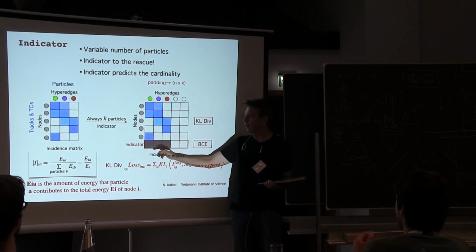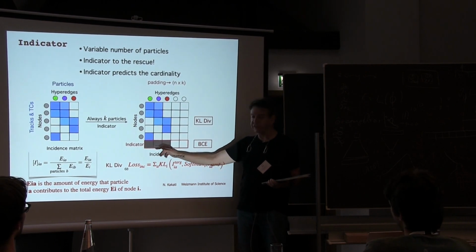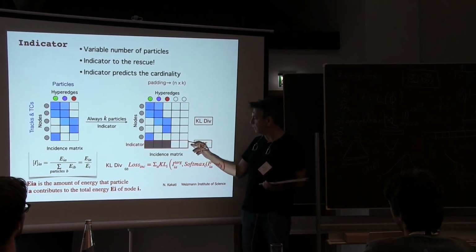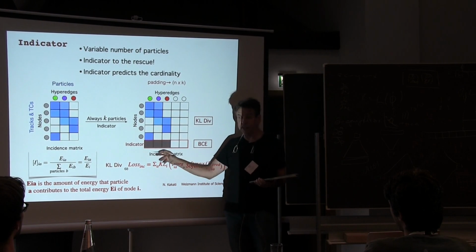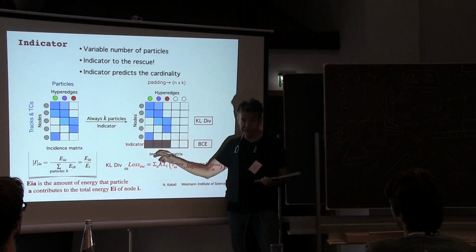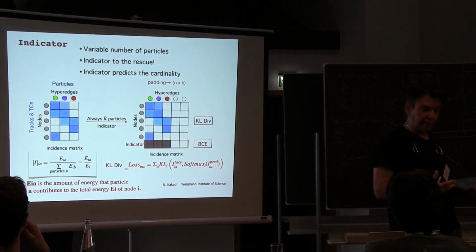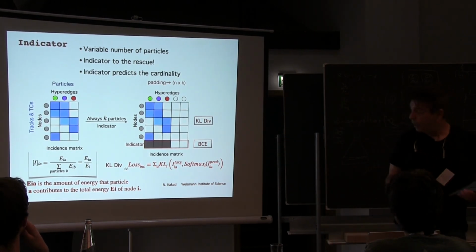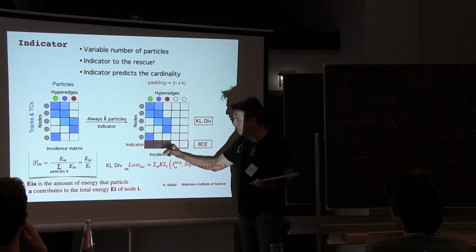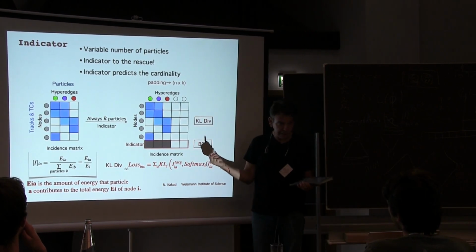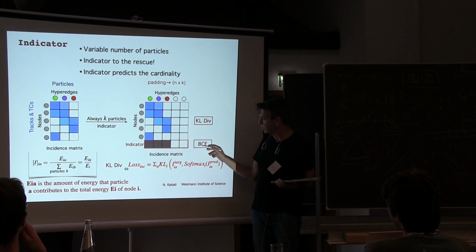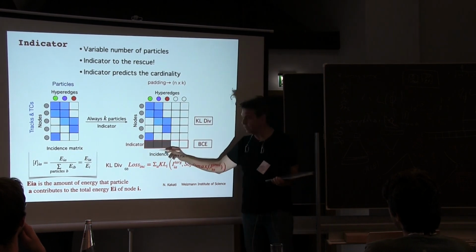Is there a particle or is there not a particle? 1 or 0. This is a way of looking at the cardinality. It's a cardinality learning, right? Because the sum of the ones here will be the cardinality. So I can use binary cross entropy to learn the indicator.